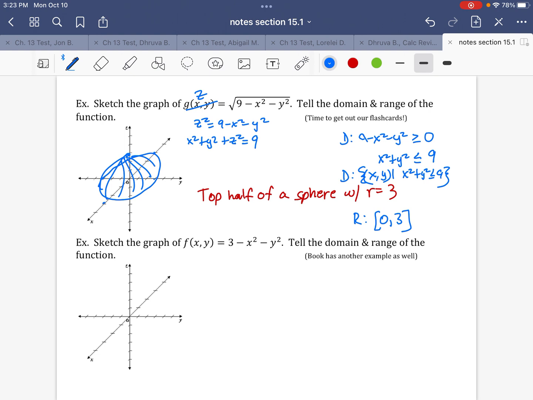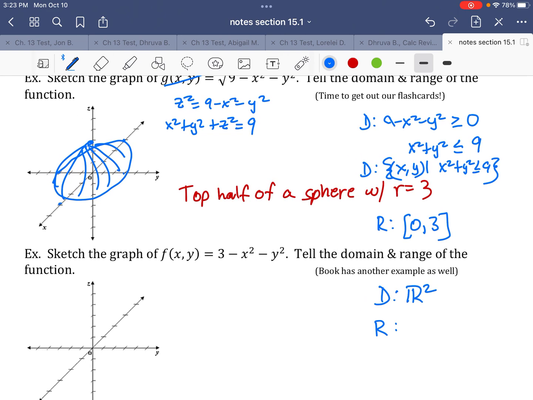Okay, so down below here, it looks to me like I could use anything for x and y. So my domain is all real numbers, any 2 real numbers that you want. All right, my range on the other hand, let's take a look. Whatever x and y are, I'm going to be doing 3 minus that.